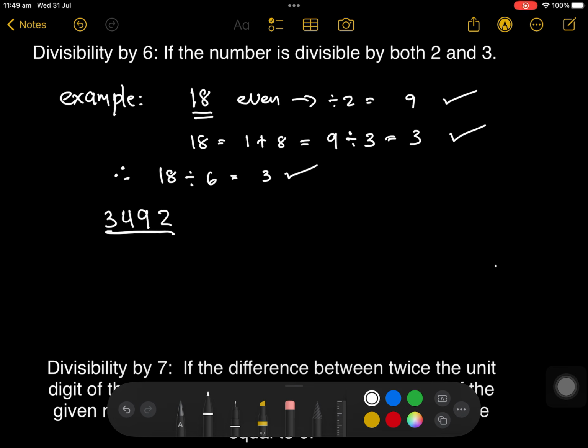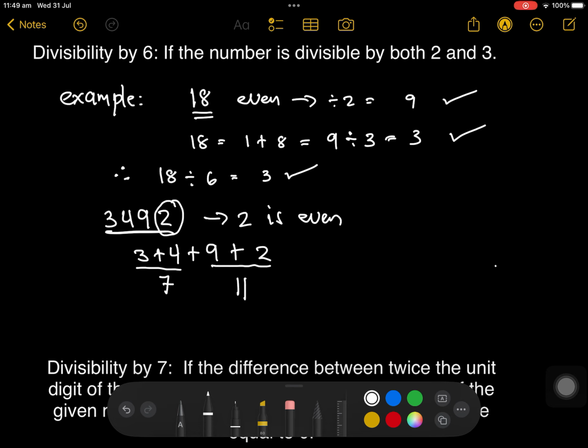Let's have another one. Let's say we have 3,492. This number ends with 2, and 2 is an even number. So therefore, 3,492 is an even number. Let's test it with divisibility by 3 by adding the sum of its digits: 3 plus 4 plus 9 plus 2. 3 plus 4 is 7, and 9 plus 2 is 11.